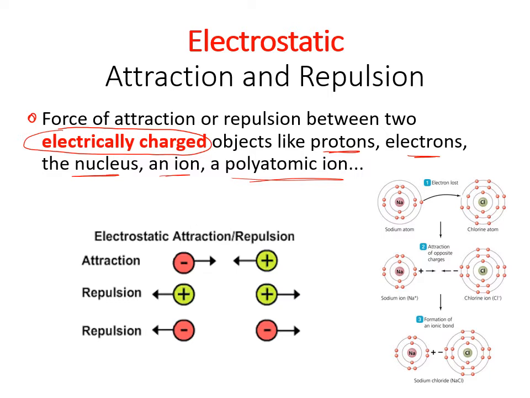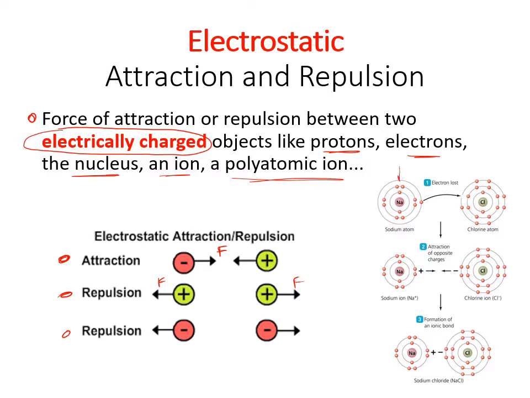So recall that attraction is when a negative and a positive are attracted to each other. They have a force between them that pulls them together. If there's two positives or two negatives, the force pushes them apart. Let's apply this to ionic bonding. So first you have that electron lost.